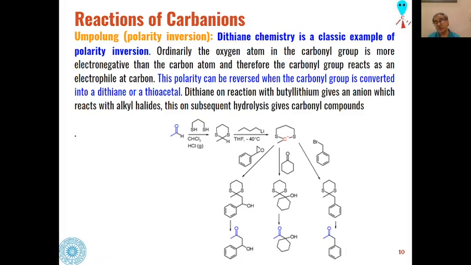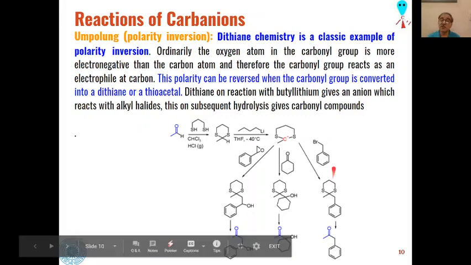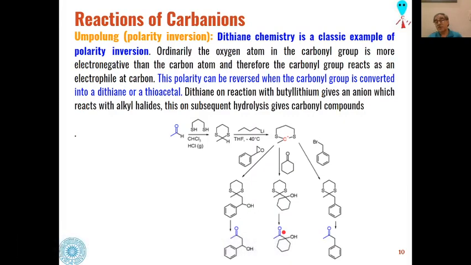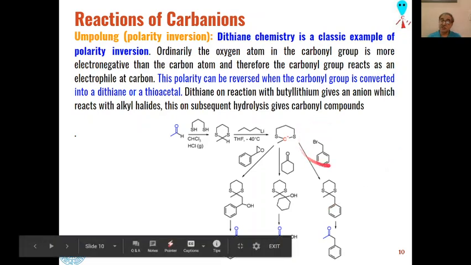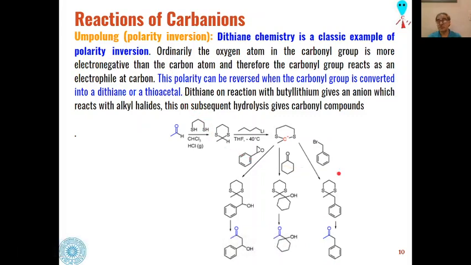the product. Similarly, ketones will be converted into alpha hydroxy ketones as the product, and these alkyl halides will be converted into these types of ketones through Umpolung or polarity inversion reaction.